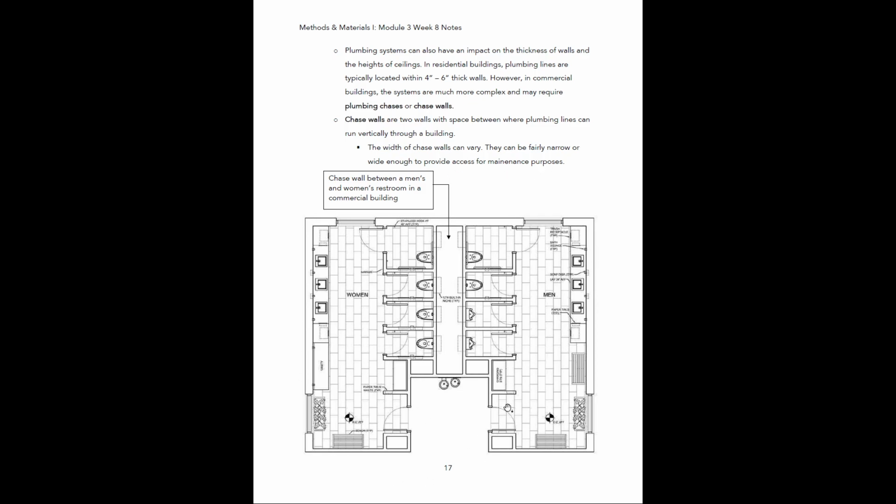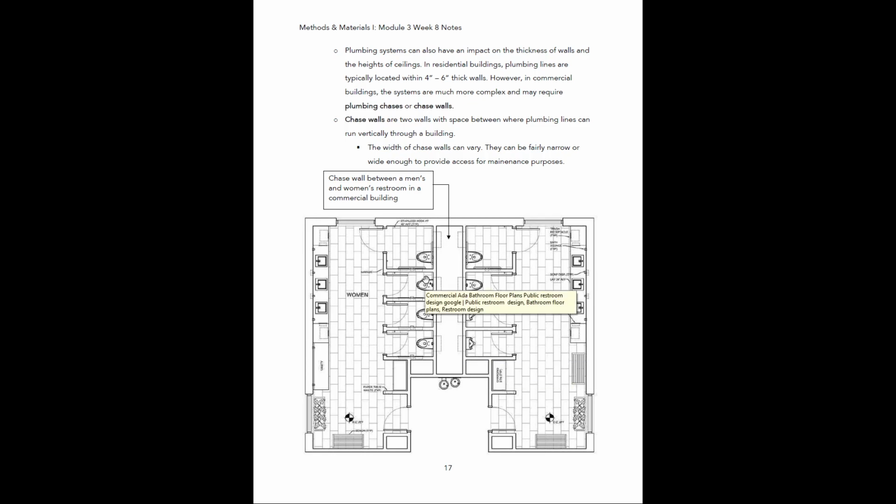Okay, so here's a typical scenario that you would see in a commercial design. So in this building, you can see we have a women's room and a men's room. And the space between these is where all the plumbing that supplies these toilets is being run. So we're going to have our soil stacks within here.